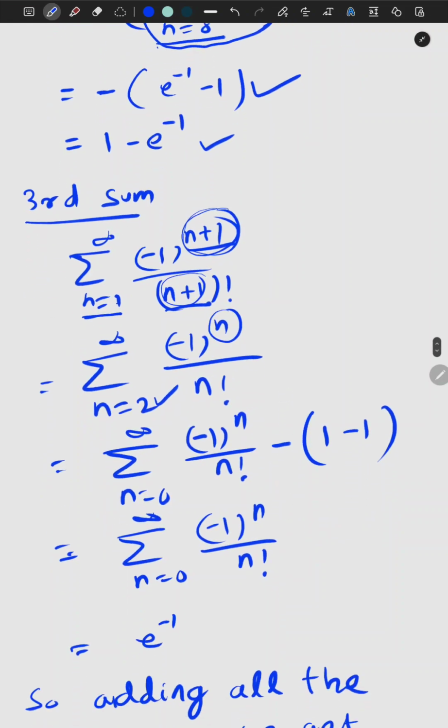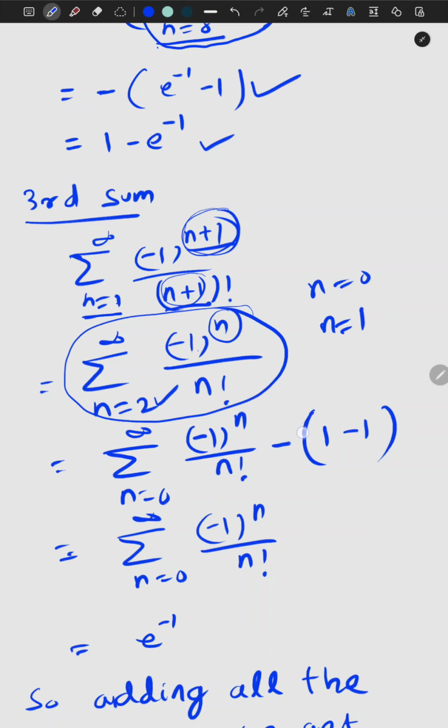Okay, then we cannot apply the formula, because here the missing terms are n equal to 0 and n equal to 1. For n equal to 0 it gives 1, and for n equal to 1 it gives minus 1. So we have to add and subtract these two terms. If we add, then the summation starts from n equal to 0 to infinity, and we have added two terms, for n equal to 0 and n equal to 1, so we have to subtract these two terms.